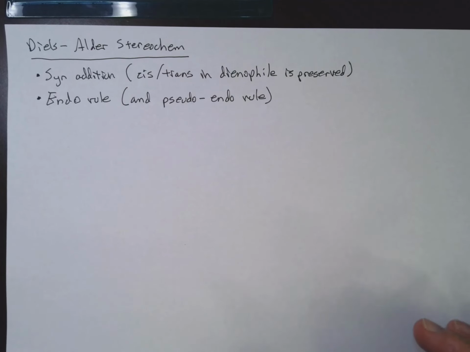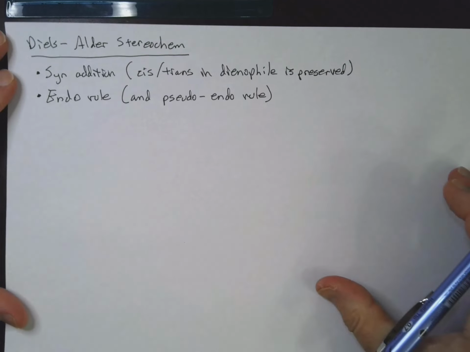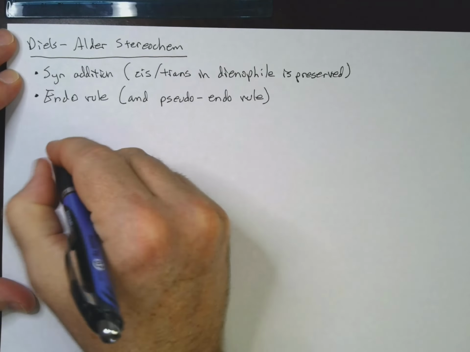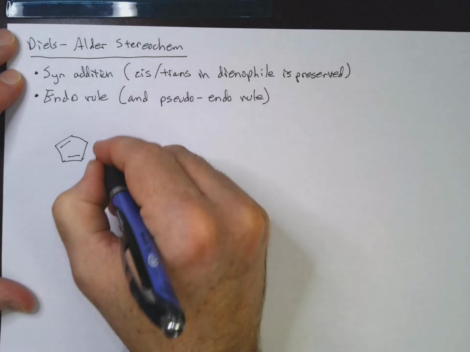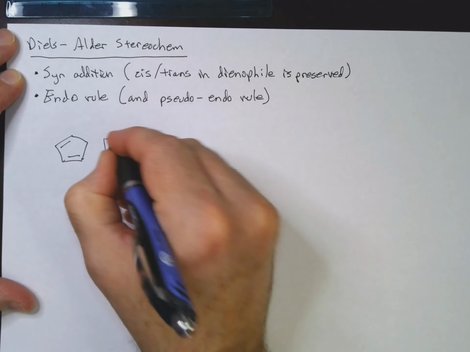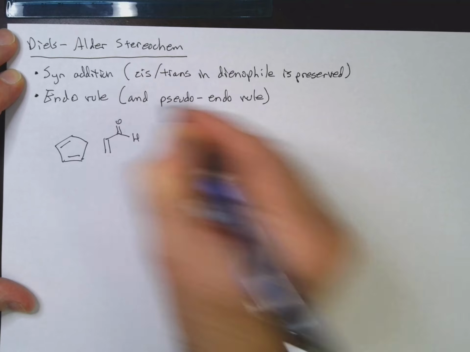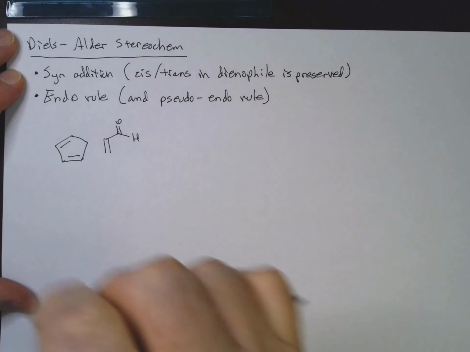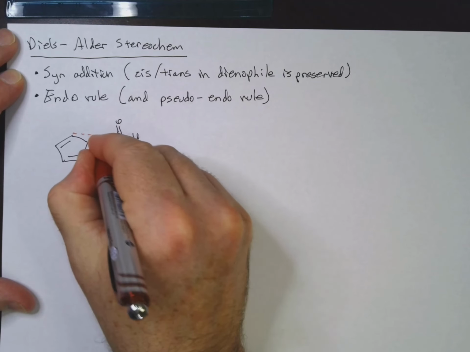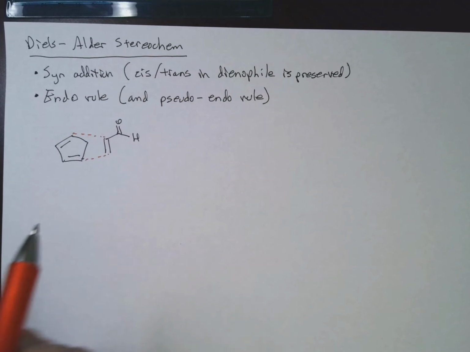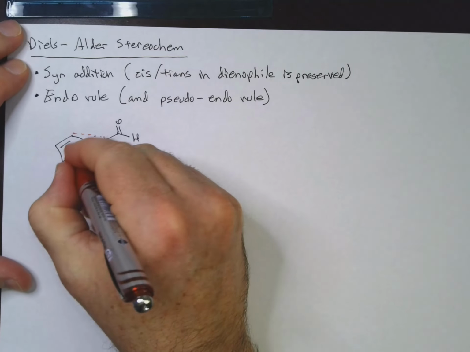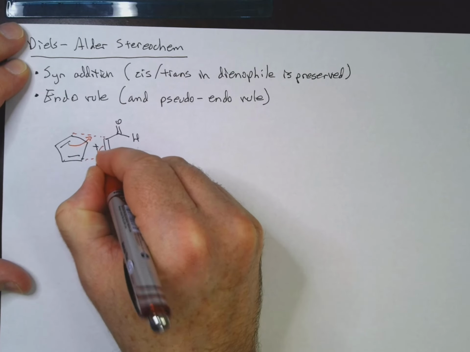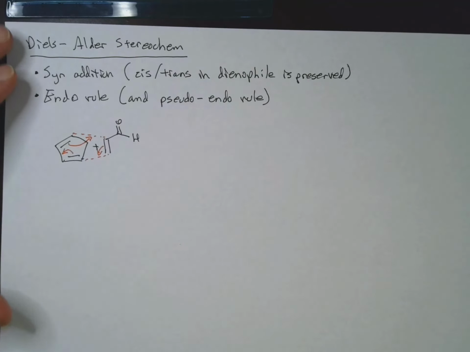Now, what do I mean by that? Well, let's say we had the following. Let's say we took our very reactive cyclopentadiene, and then we reacted this with that guy there. Forgot my little plus here. Plus. All right. So let me go ahead and draw some arrows. Boom, boom.